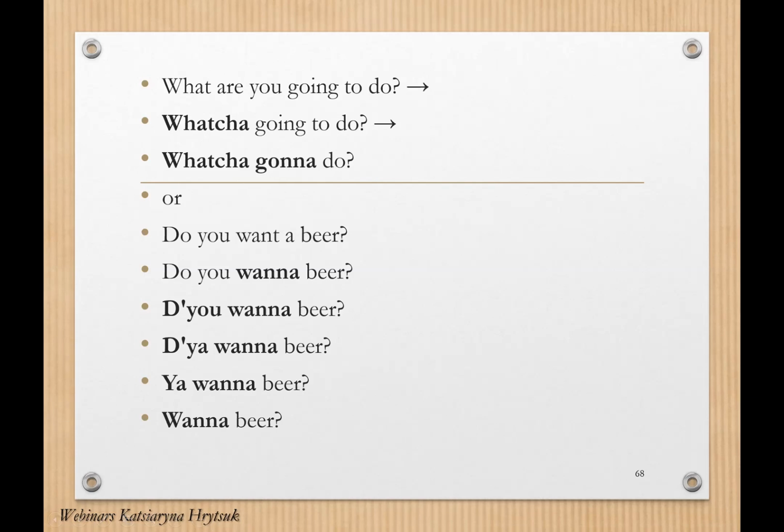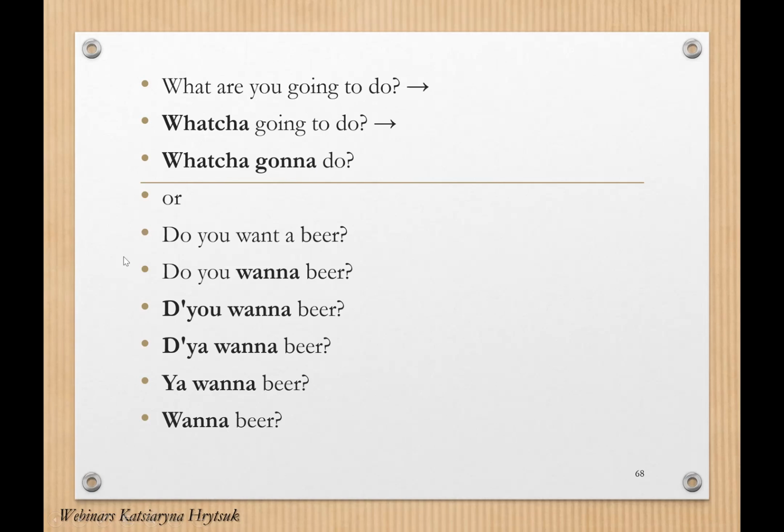What are you going to do? Next, what you're going to do? And one more: what you're gonna do? Yeah, it means what are you going to do?